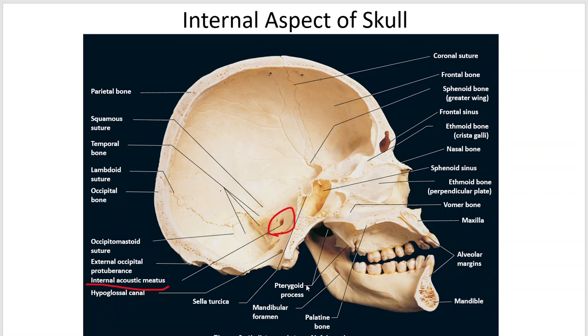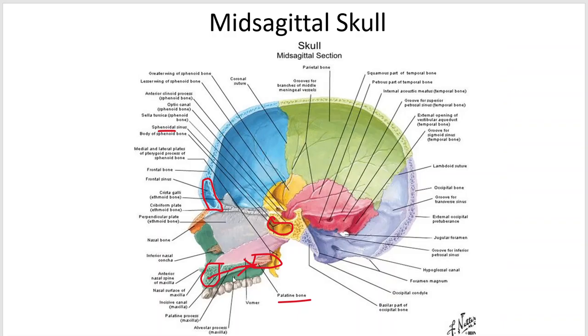Here's the pterygoid processes. Those are really hard to see. Oh, here they are.